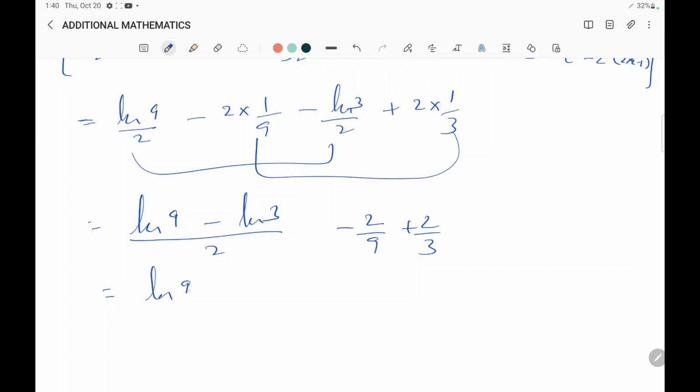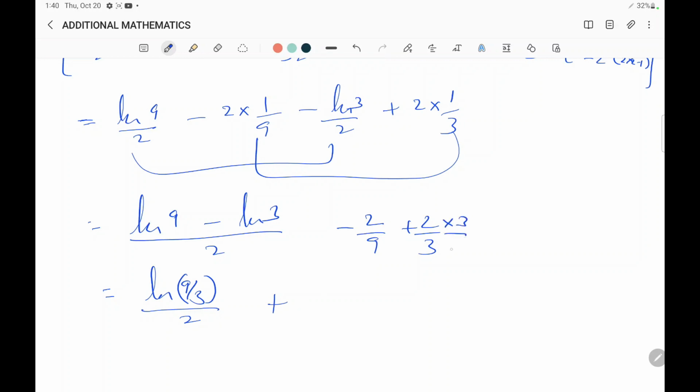So it will be ln 9 over 3 over 2, and it would be 6 minus 2 over 9.